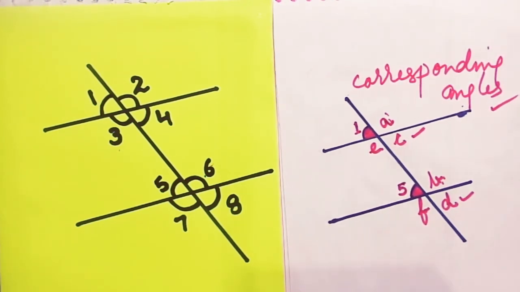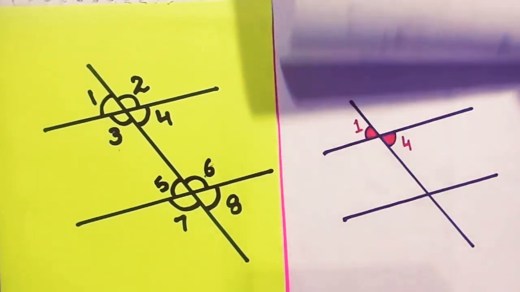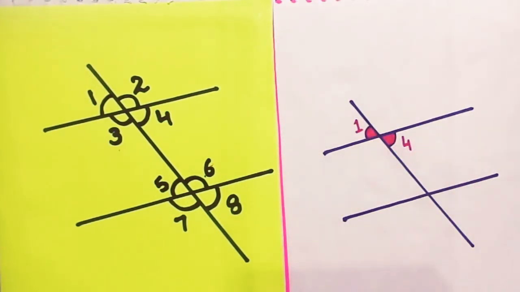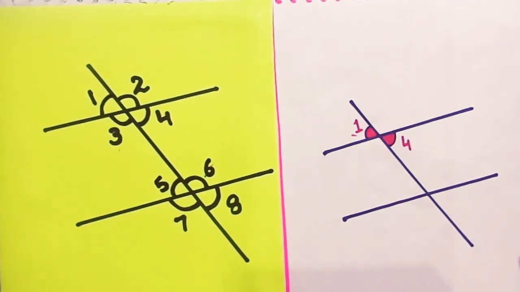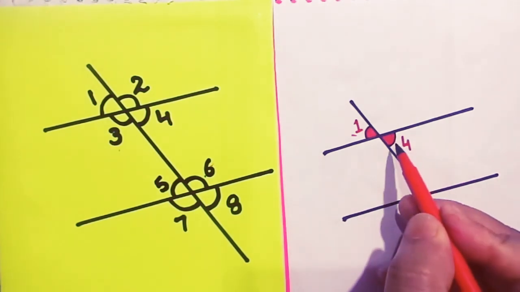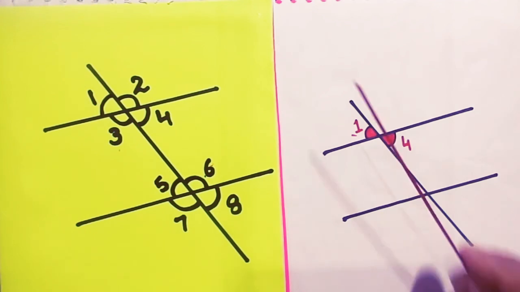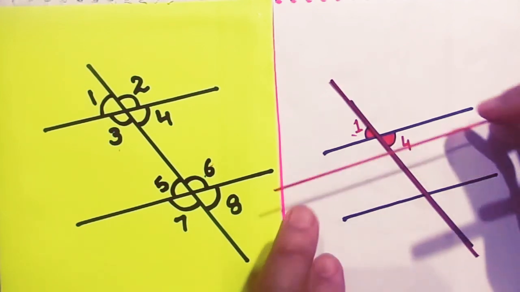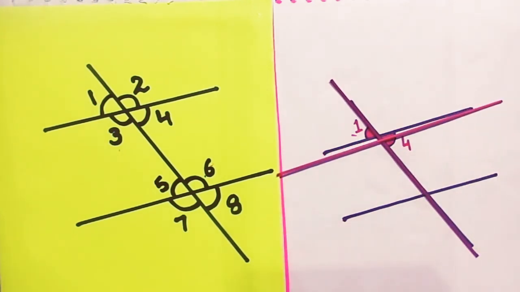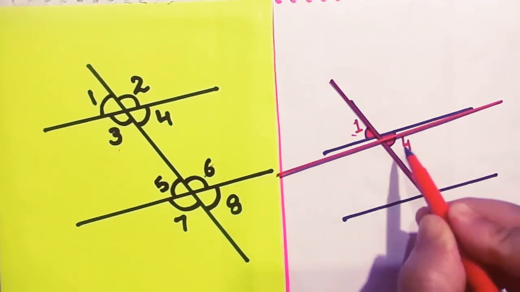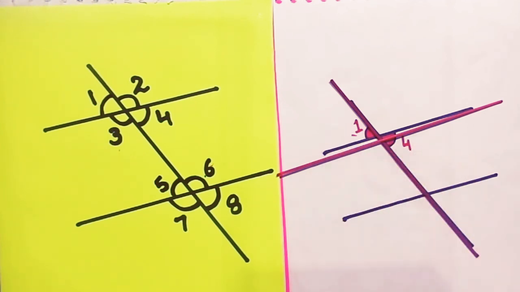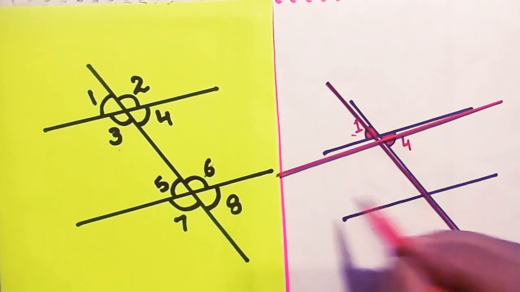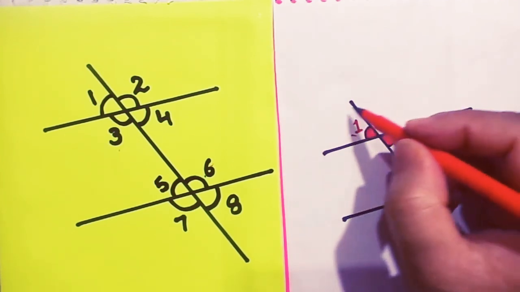Let's move on to the next one, that is 1 and 4. So 1 and 4 is very simple. Why? Because they are made when two lines intersect each other. So when two lines intersect each other, the angles formed opposite to each other are known as vertically opposite angles.